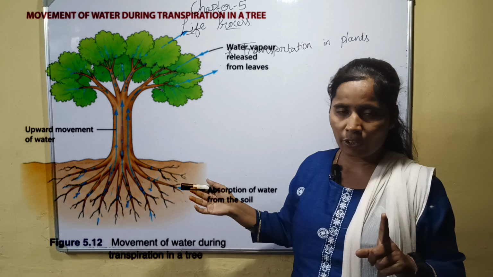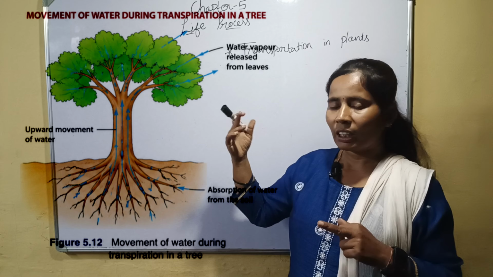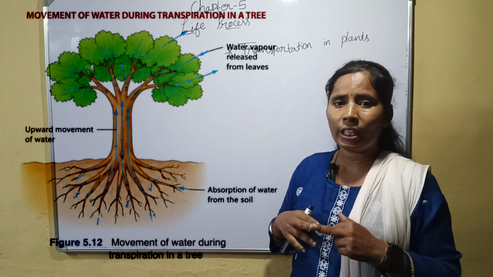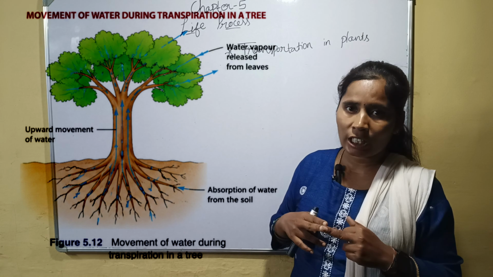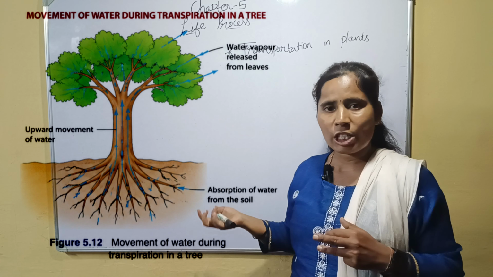Translocation is when, after photosynthesis, the prepared food is transported throughout the plant's body. After this process, the excess water is thrown out through the stomatal pores. This process is called transpiration.